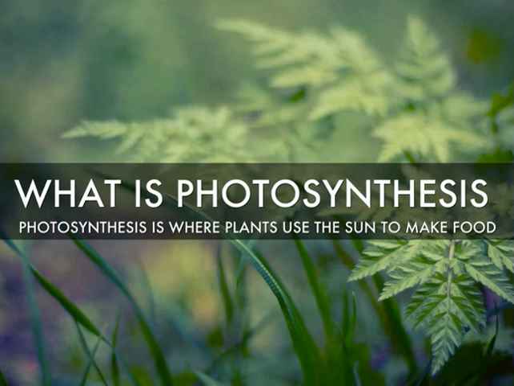Now, what about the products of photosynthesis? Well, this process is going to release oxygen and a carbohydrate molecule. More specifically, that carbohydrate molecule that's produced is called glyceraldehyde 3-phosphate, or G3P.